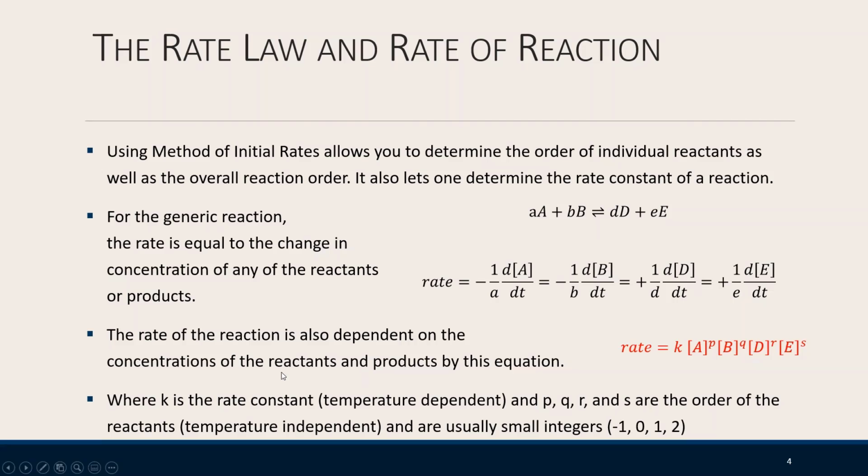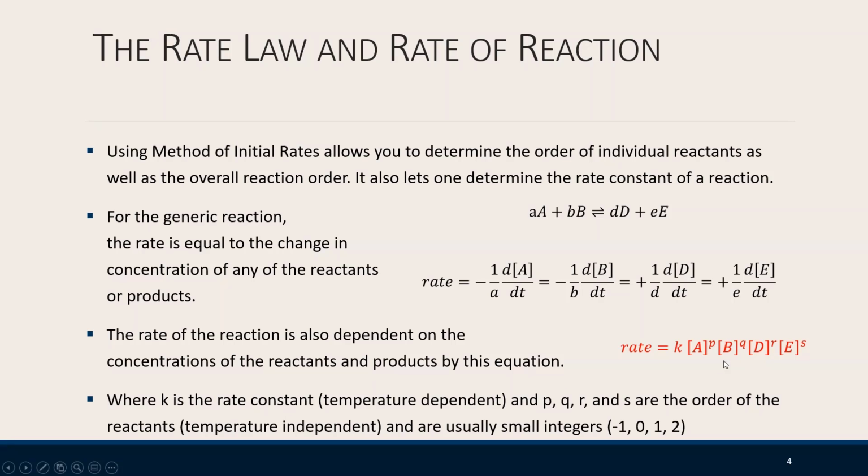Also, the rate of reaction is dependent on the concentration of reactants and products. By this equation, the rate equals a rate constant times the concentration of A to the power of p, the concentration of B to the power of q, and so on for the products.